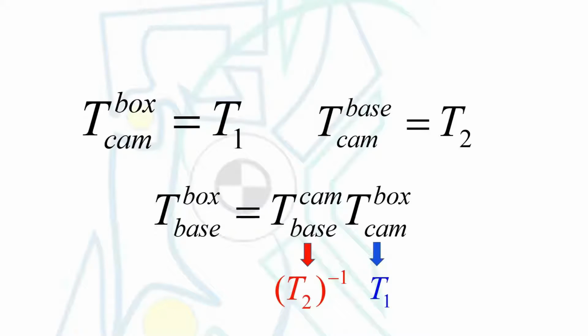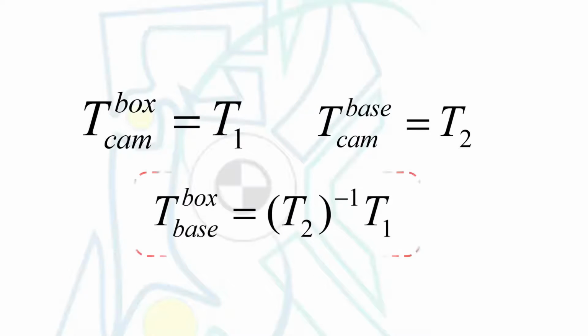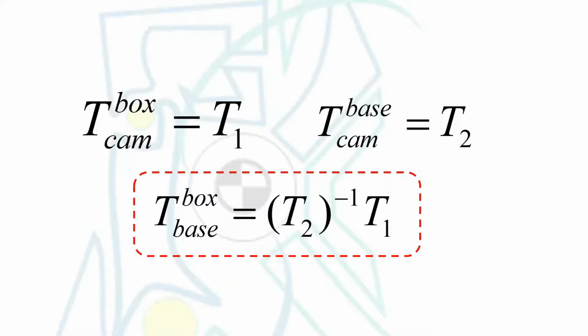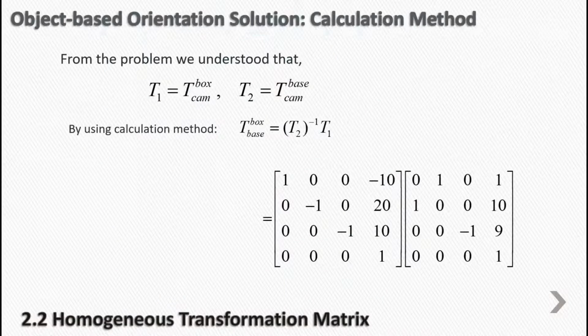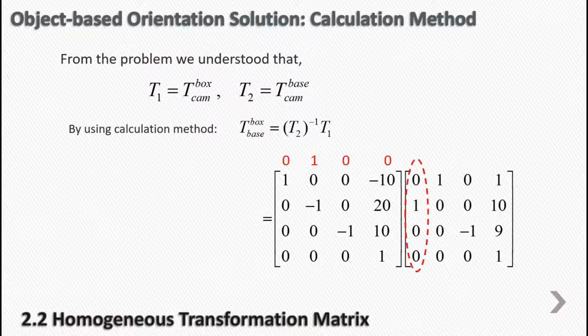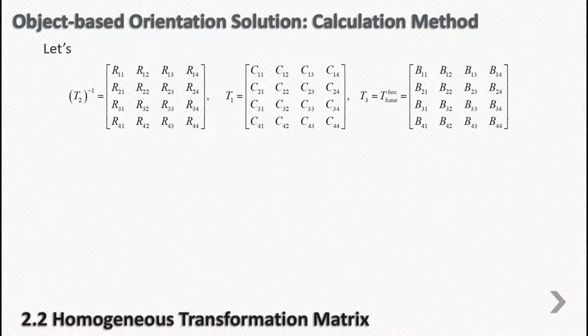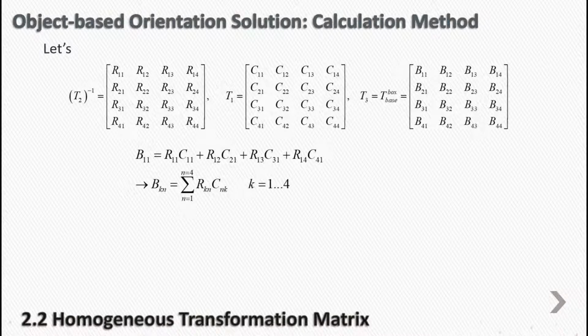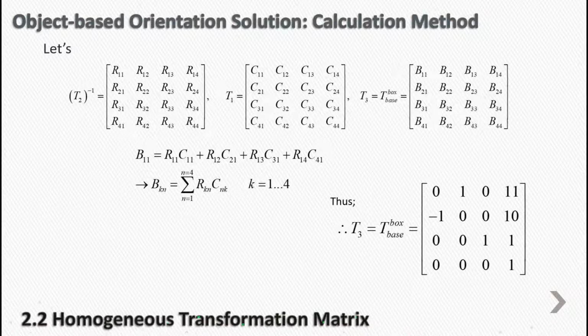Base to cam multiplied with cam to box gives base to box. Cam to box is already there with T1, but for base to cam we need to invert T2. So by using the matrix method, we can get the full matrix for T3, which is the base to box matrix.